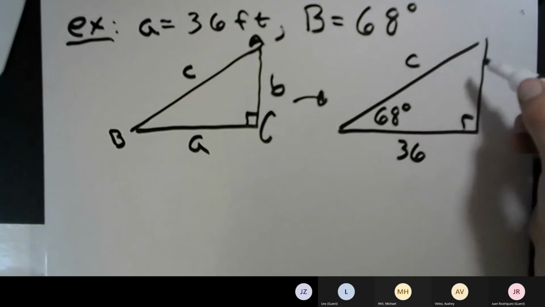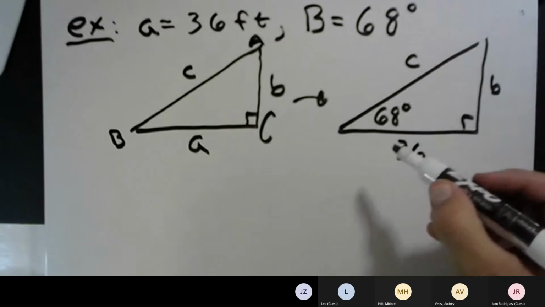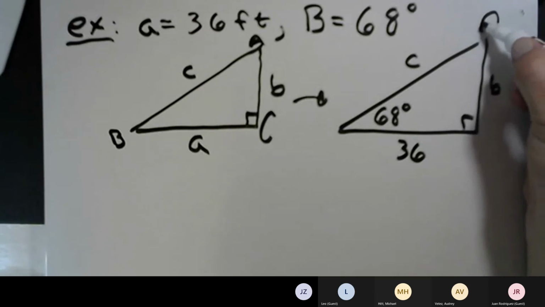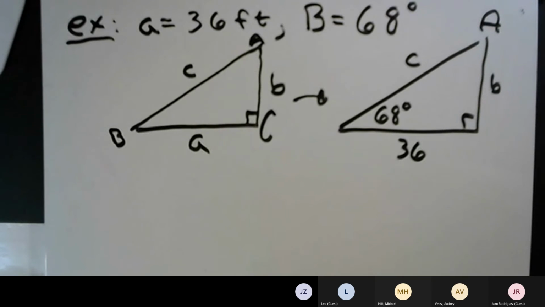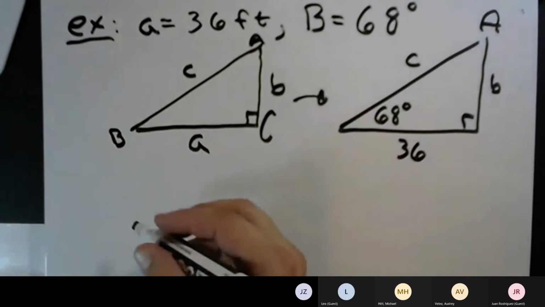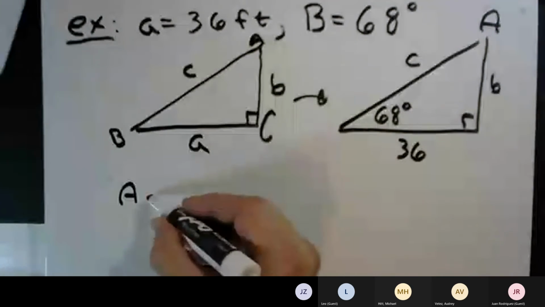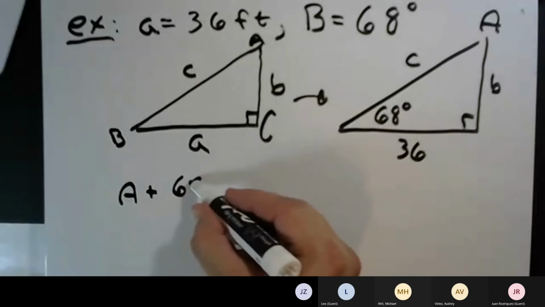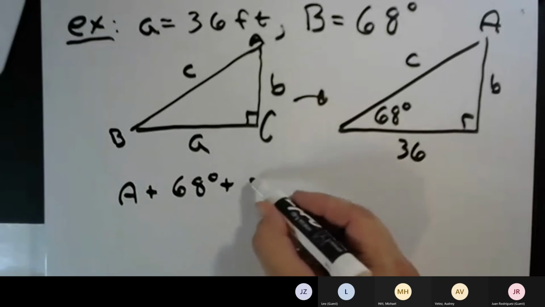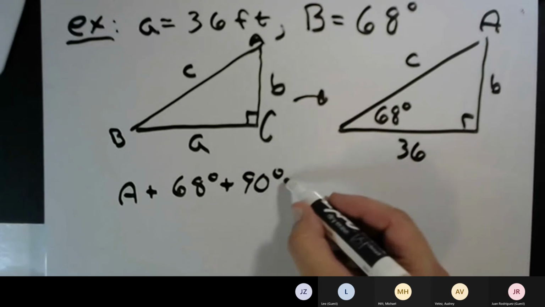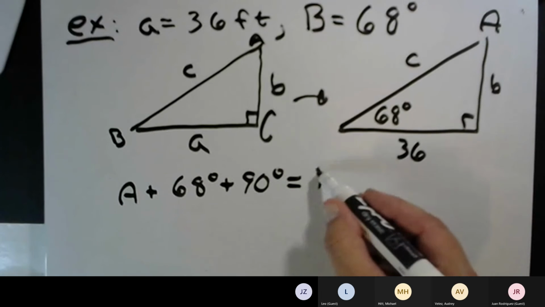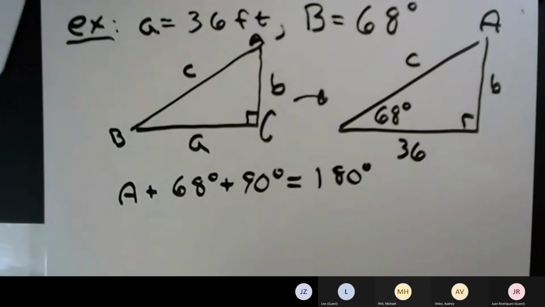We have a C, a B, then we have an A. So first off, we want to find angle A. We're going to use that rule that says the sum of the angles is 180 degrees. So A plus 68 degrees plus 90 degrees is 180 degrees.